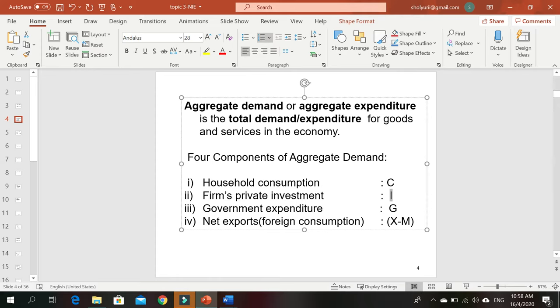So, basically, investment you get is some sort of borrowing. So, this is an expenditure for the firm. Okay, and then for government, perbelanjaan government kita panggil sebagai government expenditure ataupun government spending, GS. Jadi kita kena relate balik dengan circular flow. Hopefully you still ingat. And untuk foreign sectors, the rest of the world, perbelanjaan dia melibatkan export and import ataupun X minus M yang kita panggil sebagai net export.